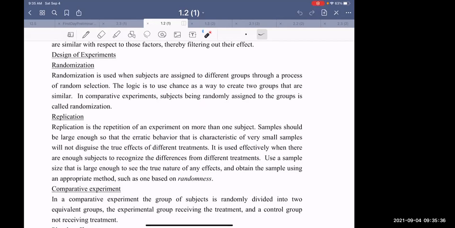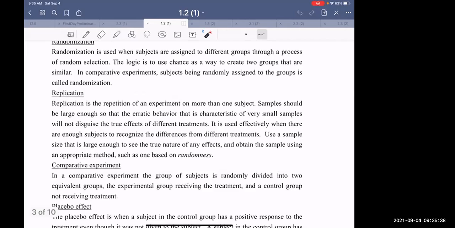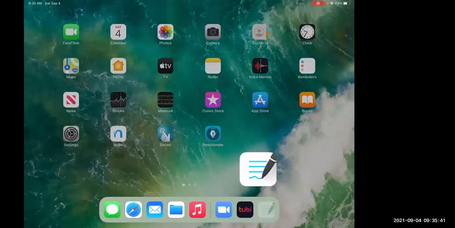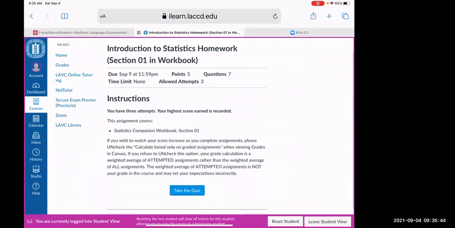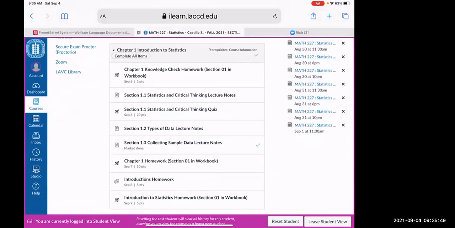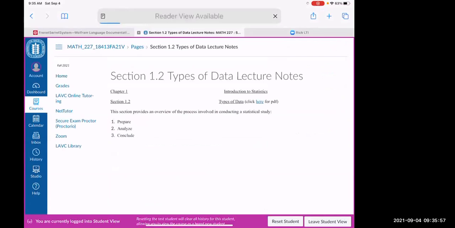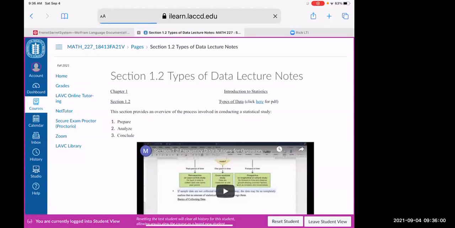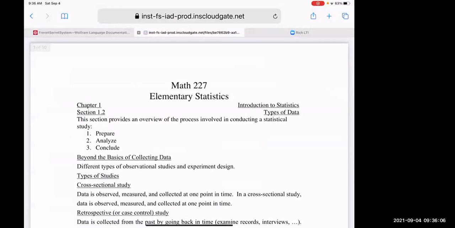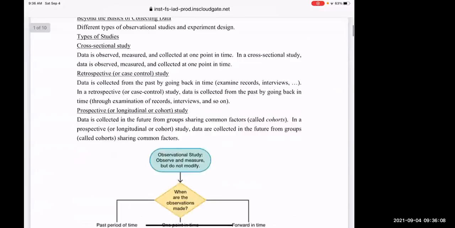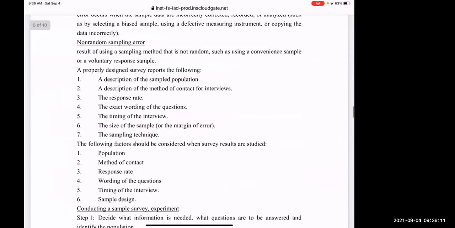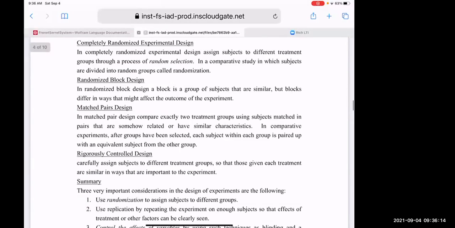Let me do something for one second. I just remembered, someone asked me, do you have access to lecture notes? The answer is yes. So this is section 1.2, right? You would click here. So there they are right there. So here it is.